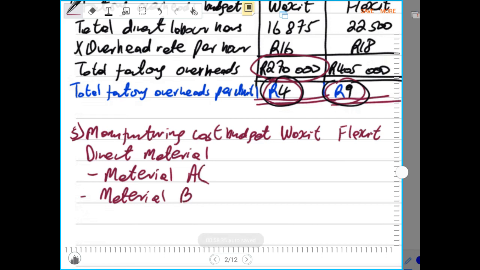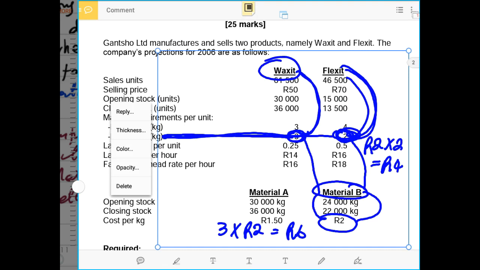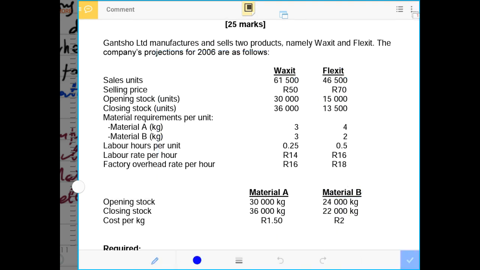Material A is needed in the first product, and material A is also needed in the second product.